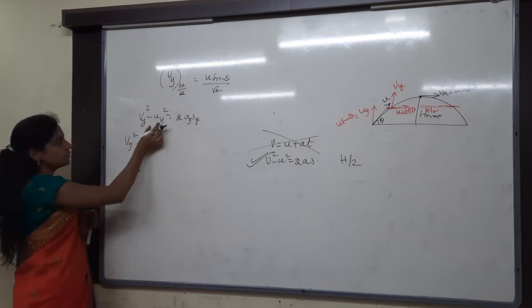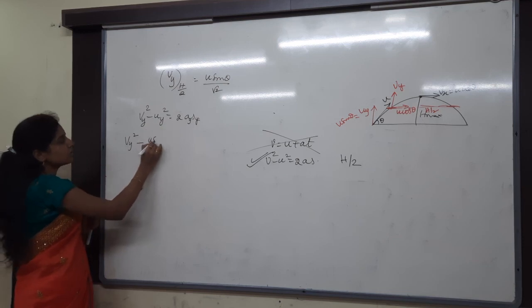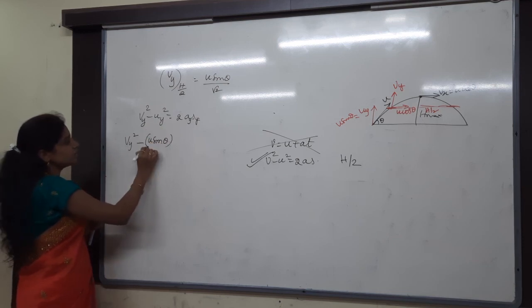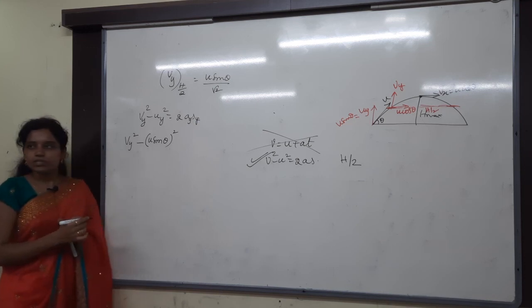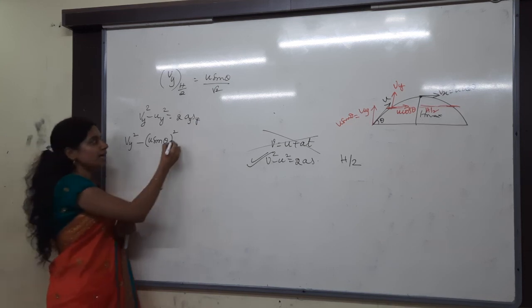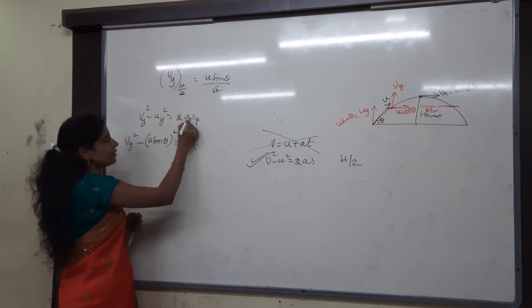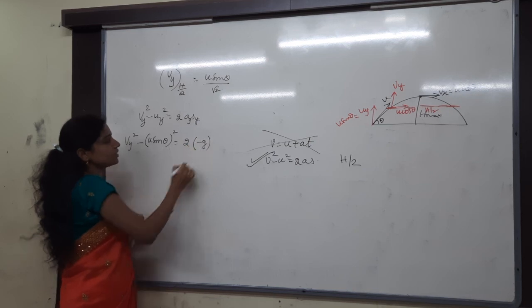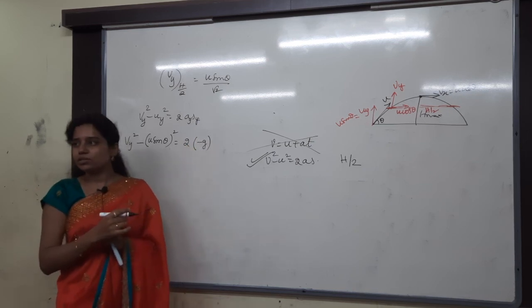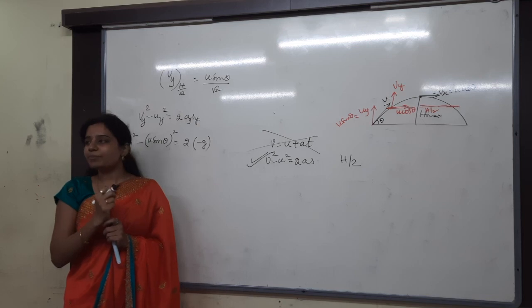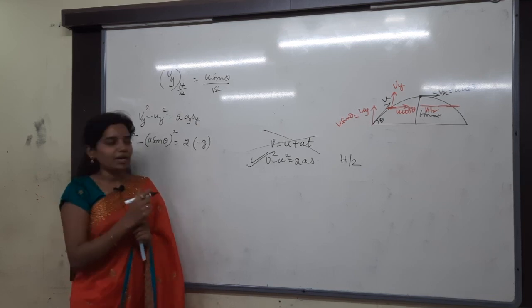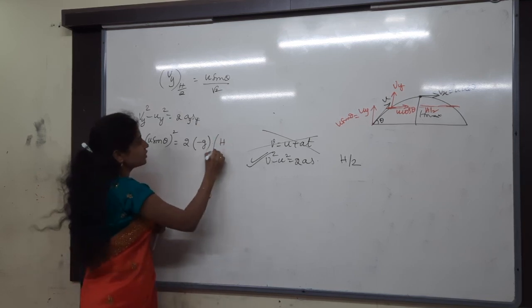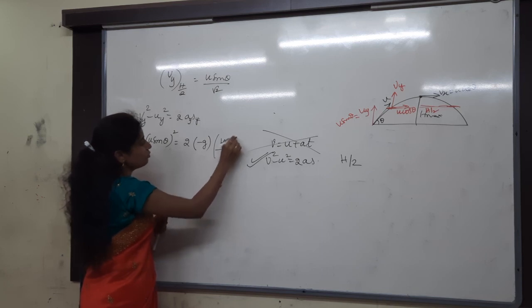Take it as it is. What is the Uy formula? U sin theta, whole square. That equals 2 into ay, which is minus g. And sy is at half of the maximum height, which is H maximum by 2.